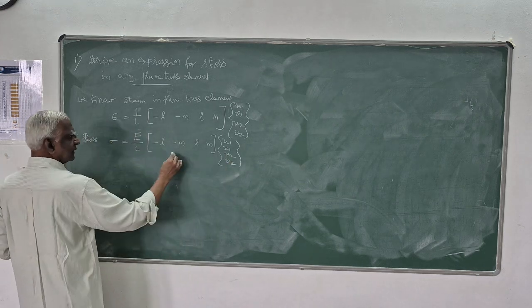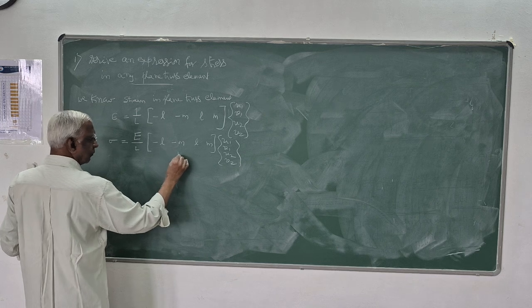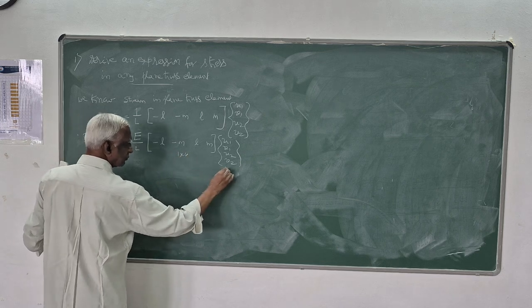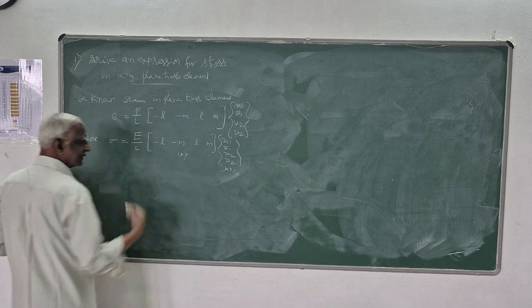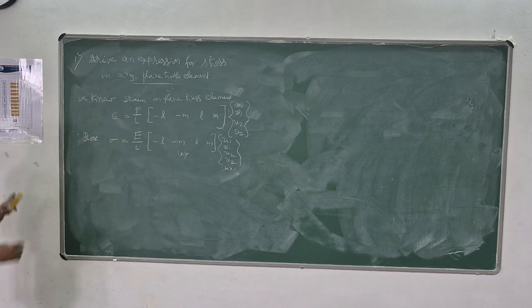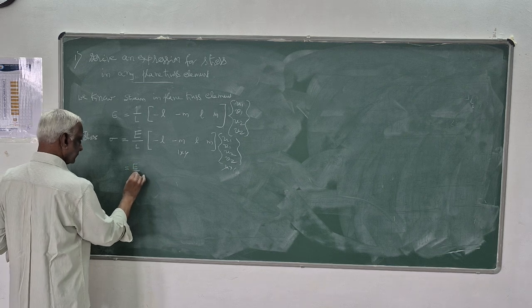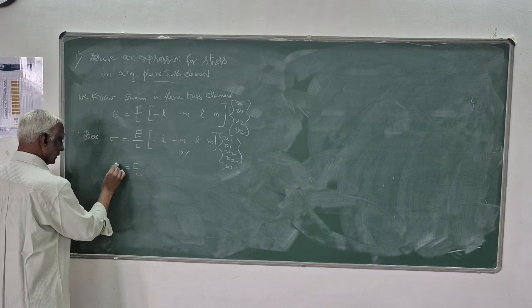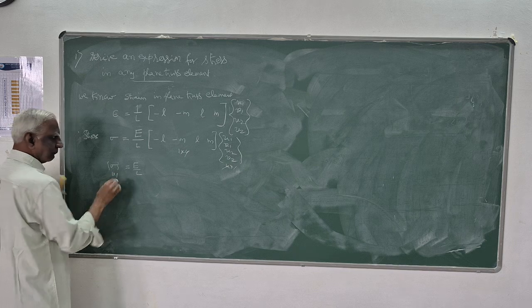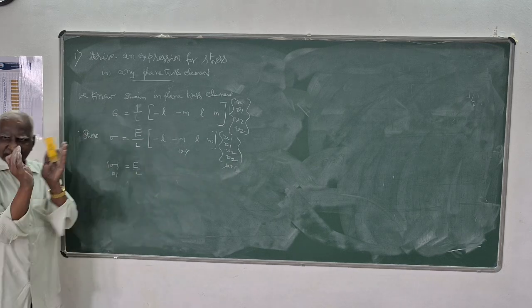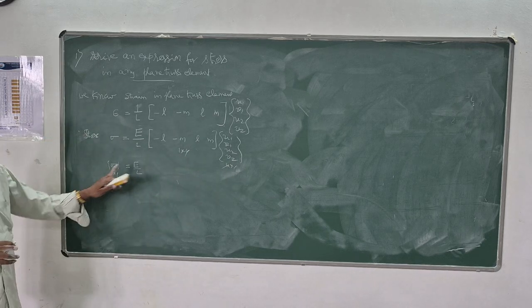I will expand this because this is 1 by 4, this is 4 by 1, you get 1 by 1. That is stress, E by L, sigma, that is 1 by 1. Stress in that element, only one element, one value.